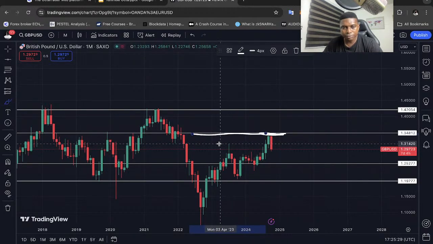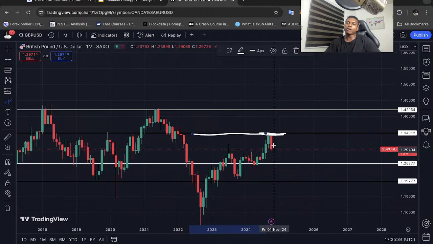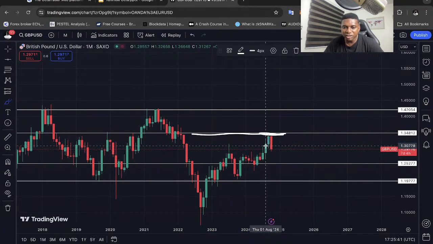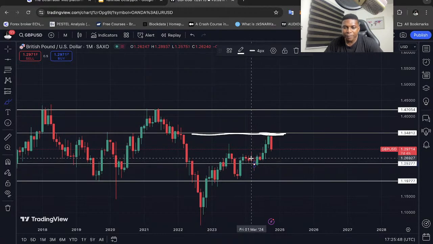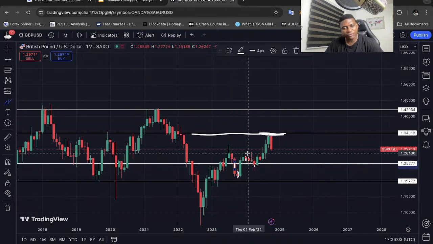So let's count the number of candles prior to this red candle. We start from this green candle here. So this is 1, this is 2, this is 3, this is 4, 5, 6, 7, 8, 9, 10, 11, 12, see.